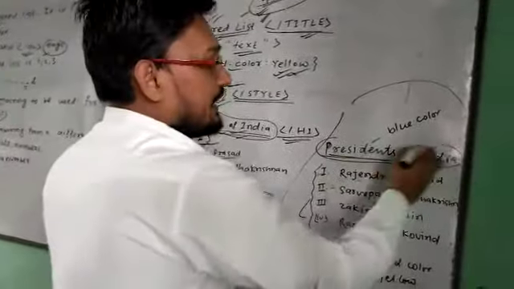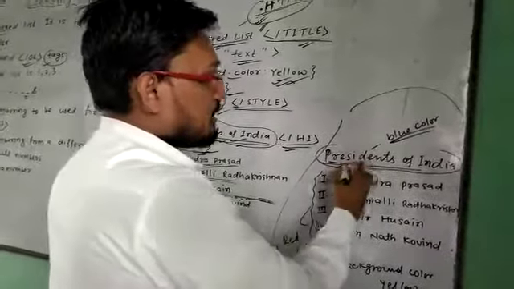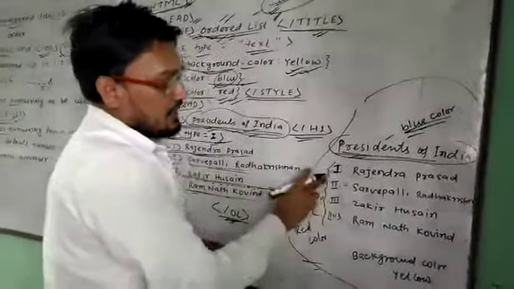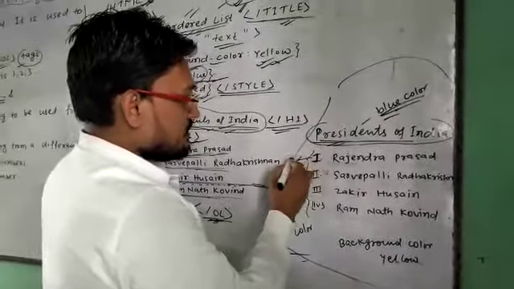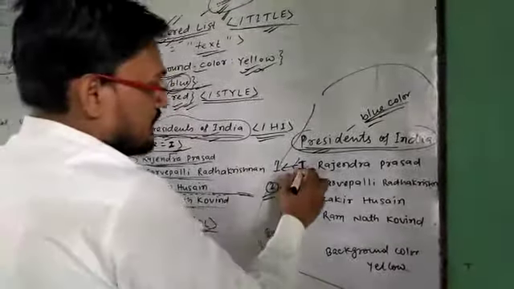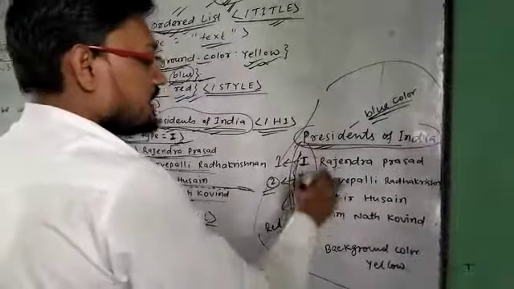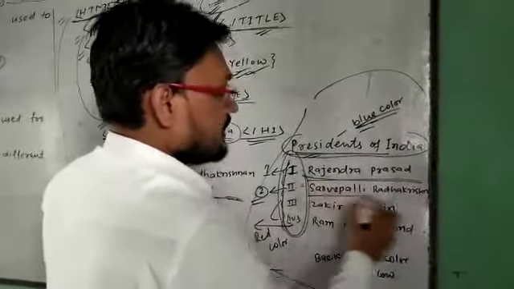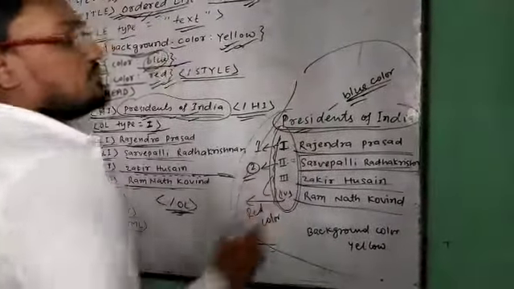We set the heading in blue color, so Presidents of India is shown in blue. We set the ordered list to capital I, so the capital I numerals represent the first number, the second number, and so on. These are the list items of this program, so this is the output.